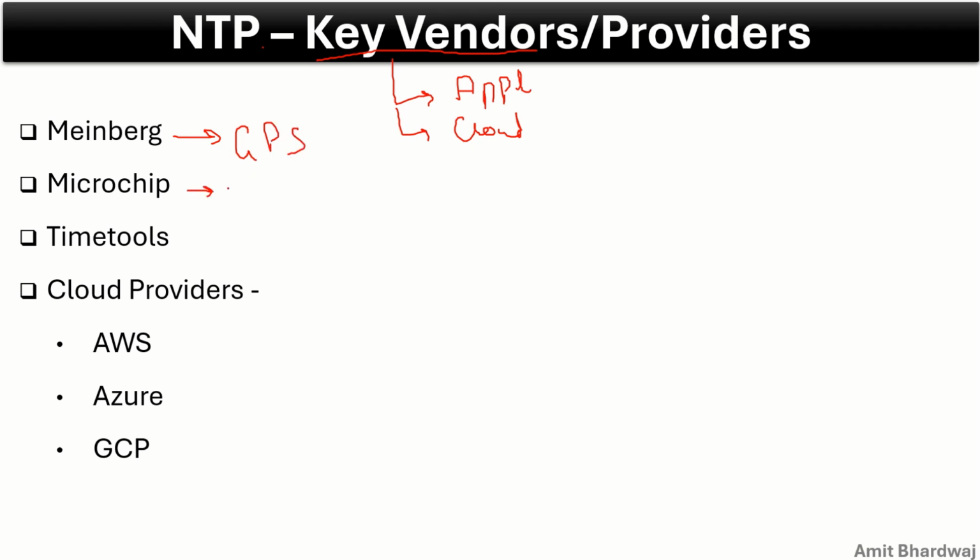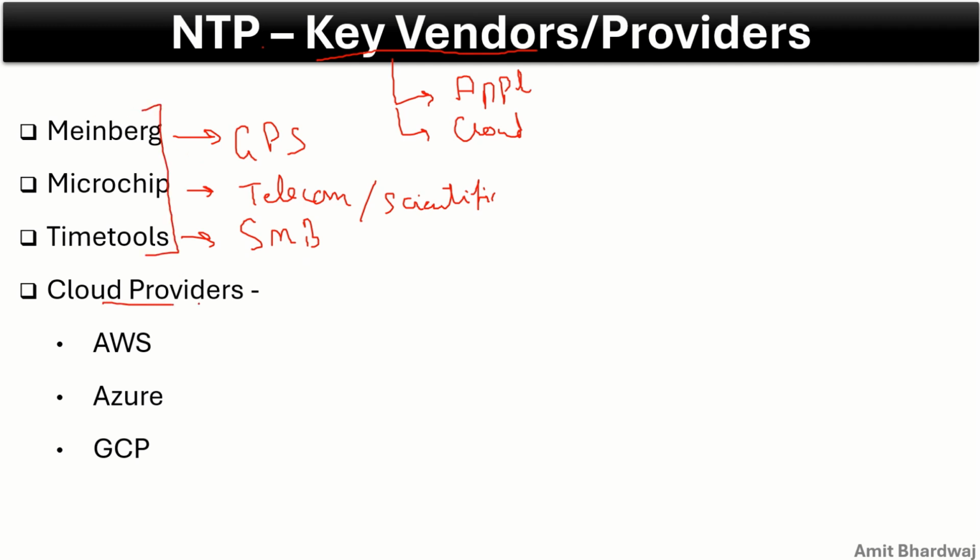Next is Microchip, which offers atomic clocks and NTP appliances, and especially it is popular in the telecom domain and the scientific research area. Next is TimeTools, which specializes in NTP servers for SMB environments, small businesses and enterprises. So this is about the appliance-based solutions and their vendors.